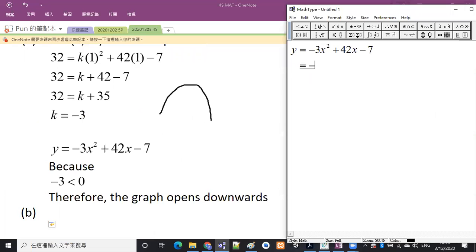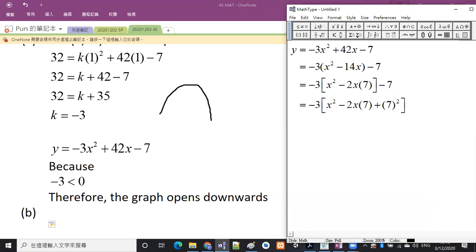Take out the A. 14x minus 7 is just left behind, and then write the thing inside the bracket to be x squared minus 2xy. This y is 7. Then minus 7, and add an extra term: x squared minus 2xy should be plus y squared, but subtract the same term immediately.